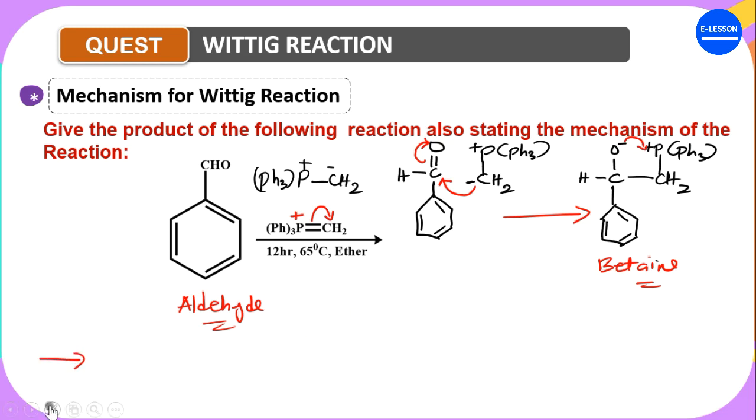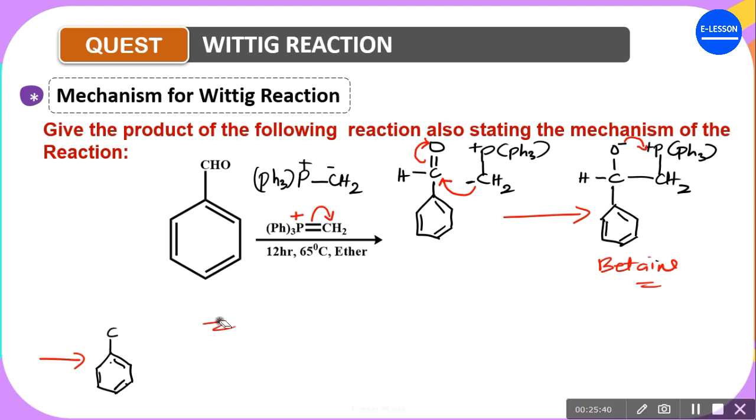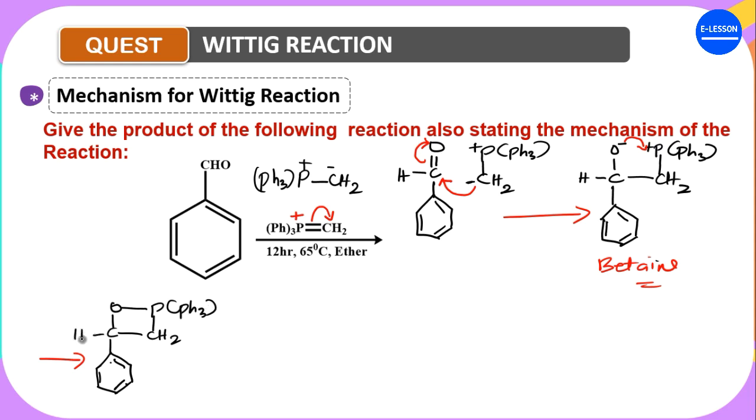When that closes, it's going to form something like this: carbon, oxygen, phosphorus, CH2, PPh3, and this is hydrogen.